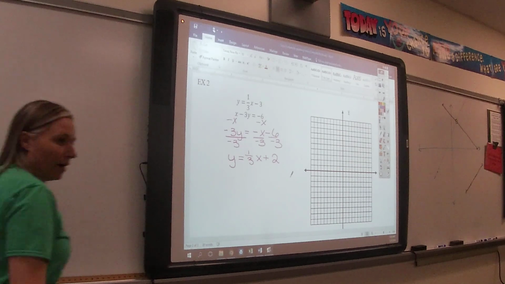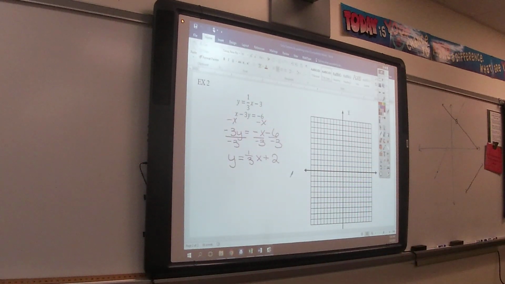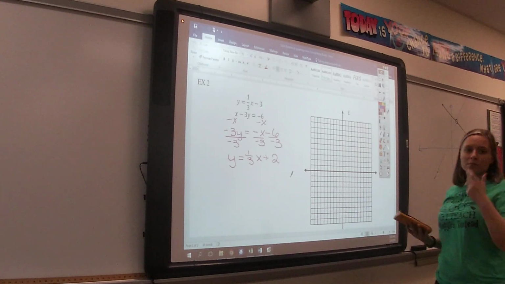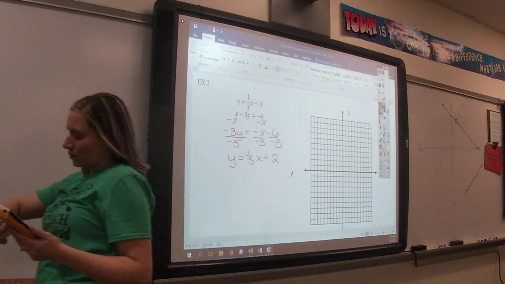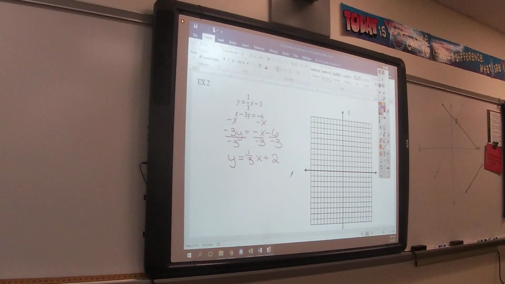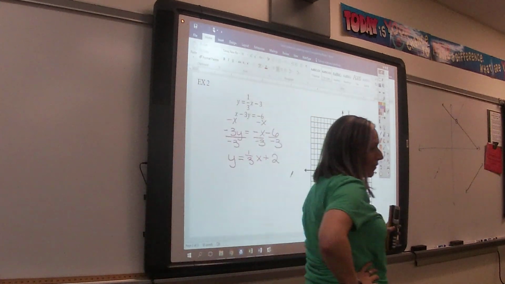So that's the second equation that we now want to enter. Now we're going to do 1 divided by 3x plus 2. These are parallel. Then hit graph. Even though this is still an expensive calculator, it only has so many pixels on the screen.